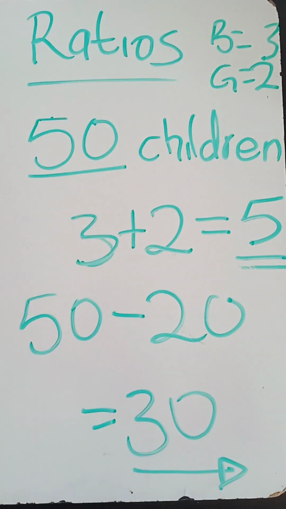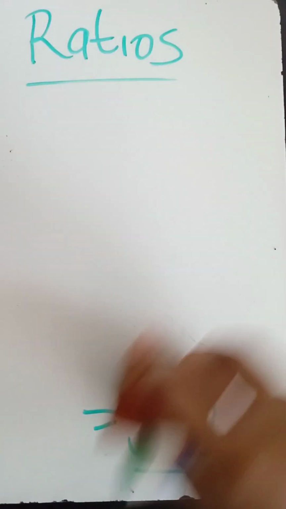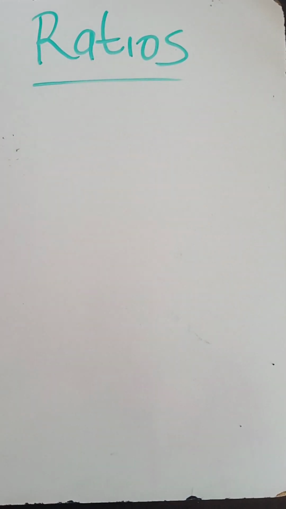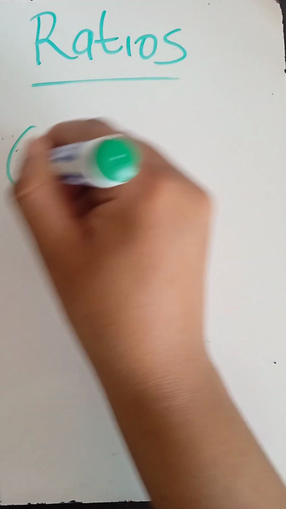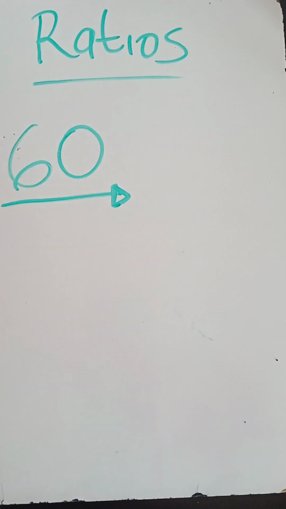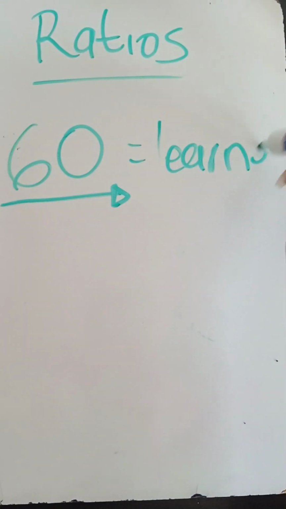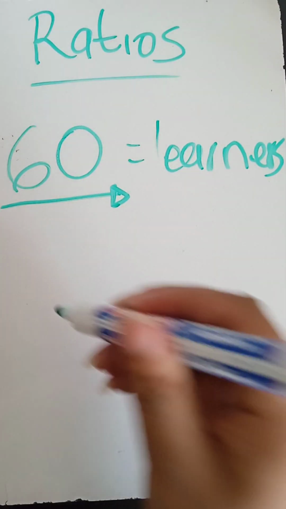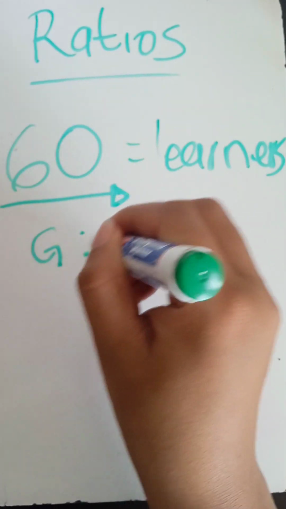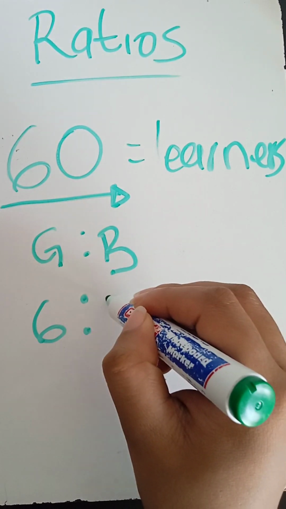Now let me give you an example to work through on your own, and we will look at the correct answer in our next lesson. Let's say you are in grade 5, and in your class there are 60 children in total. The ratio of girls to boys is 6 is to 2.